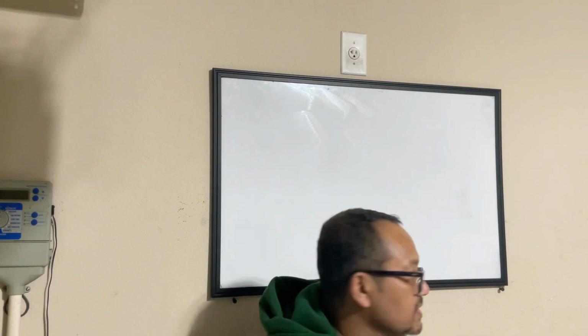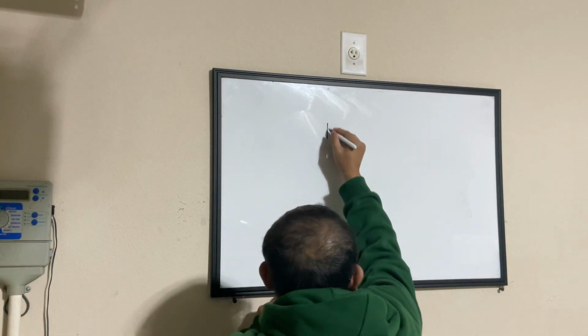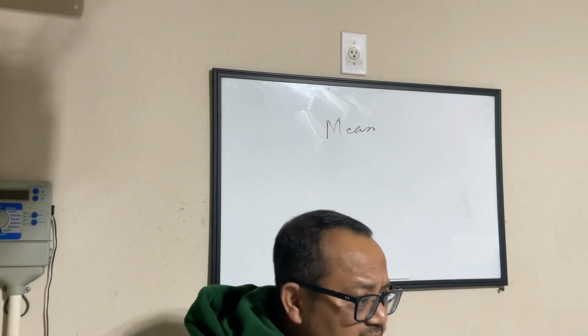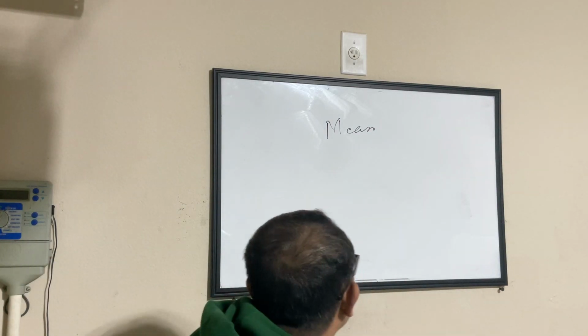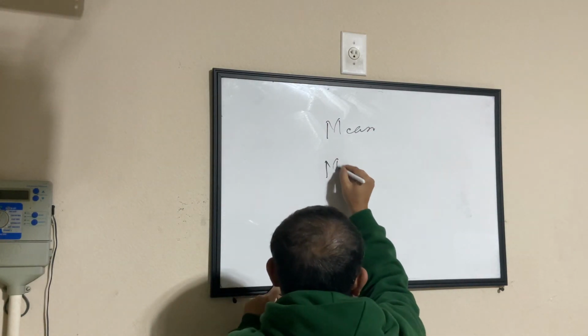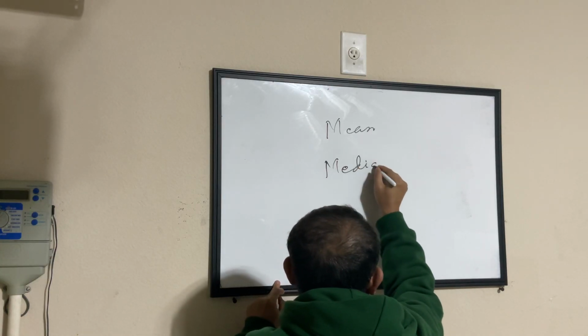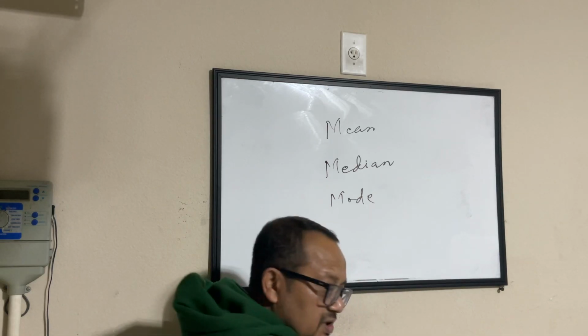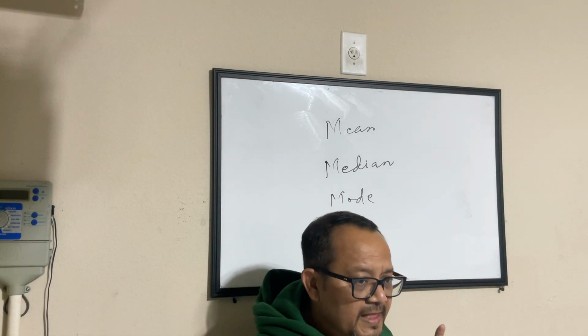Now this again revolves around three key things that most of you would be knowing: mean, median, and mode. I think I covered this in one of the classes very recently, so I'll probably not spend much time on this one.